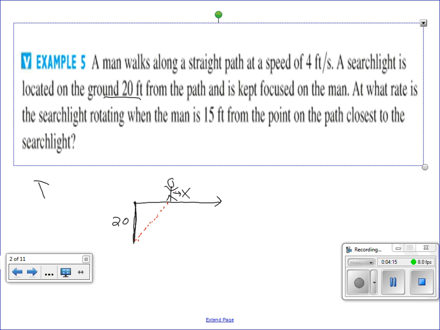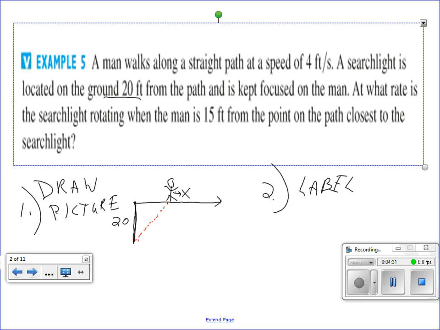So the first thing is we draw a picture. Next, we label variables. I've got an x here because they give me a speed, and he's moving in one direction, 20 feet.